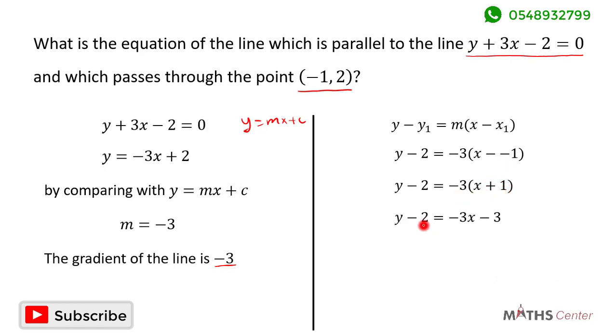When we open the bracket here, we will have -3x minus 3. So y minus 2 is equal to -3x minus 3. When we rearrange this, we will have y plus 3x minus 2 plus 3 is equal to 0. And this will give us y plus 3x plus 1 is equal to 0.